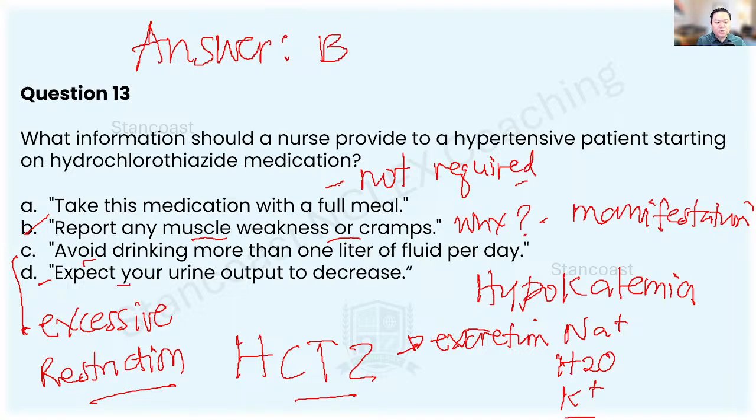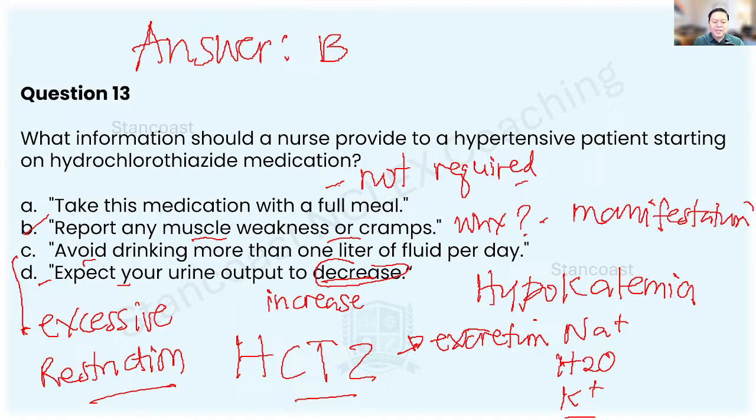What about letter D? Expect your urine output to decrease. Why would it decrease? When you are giving a diuretic, the urinary output will not decrease, but it will increase. It's a diuretic, guys. Please, don't forget that. Again, you're going to have to assess or measure the urinary output of your patient. Guys, as early as now, keep this in your mind.